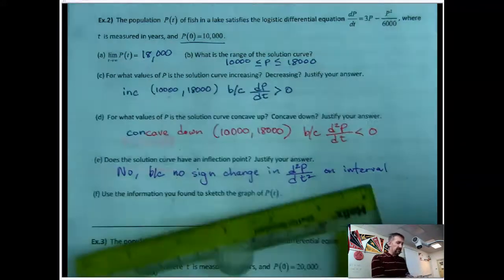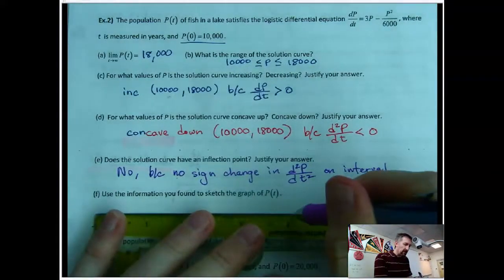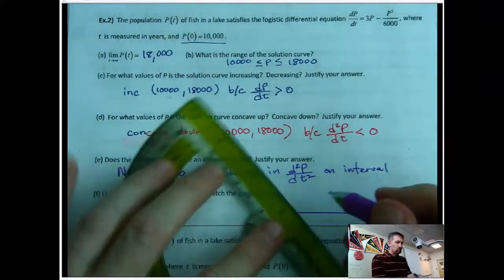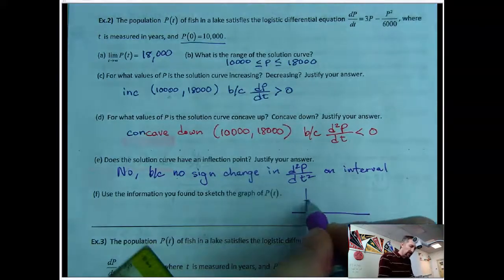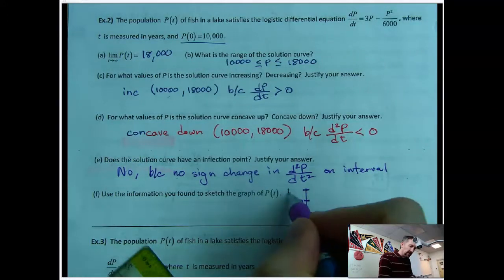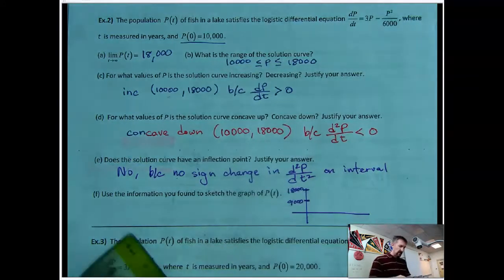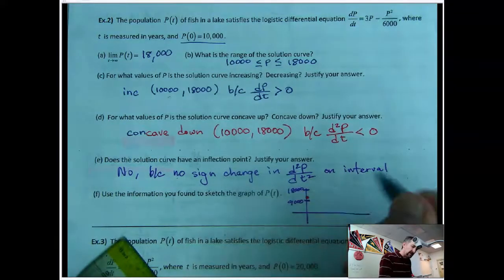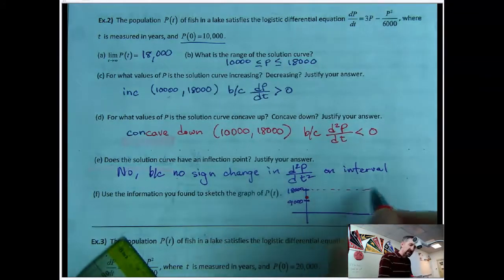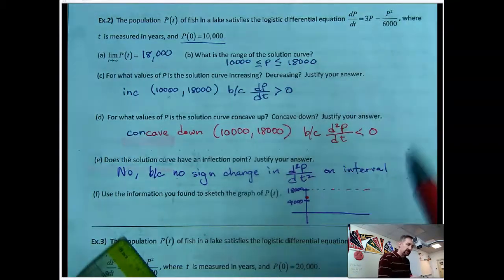And sketching a graph of that. So here we've got 9,000 and we have 18,000. And this graph is starting at 10,000, so it's starting right there. And we still have the same limit to growth if we factor this out.